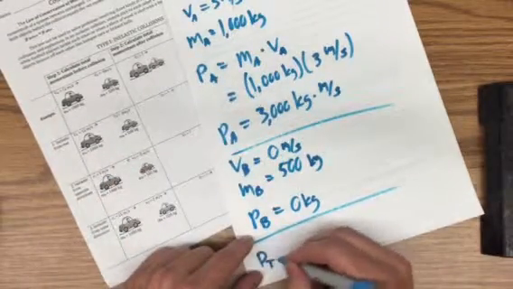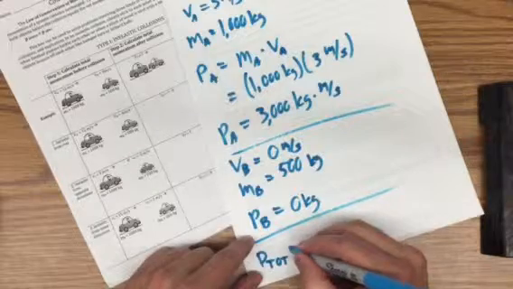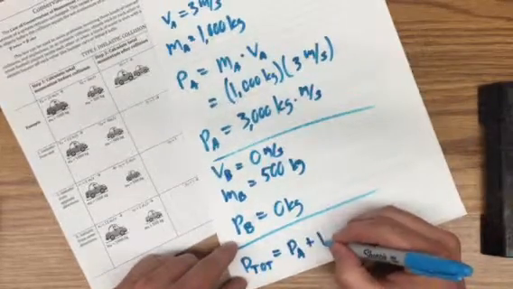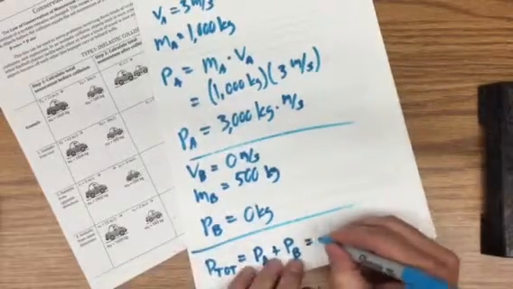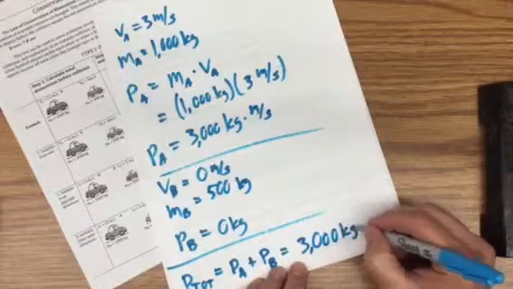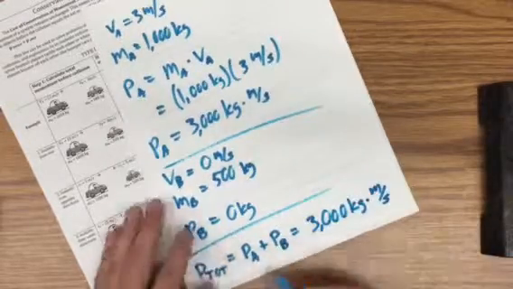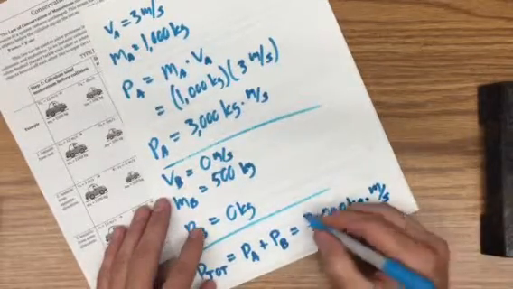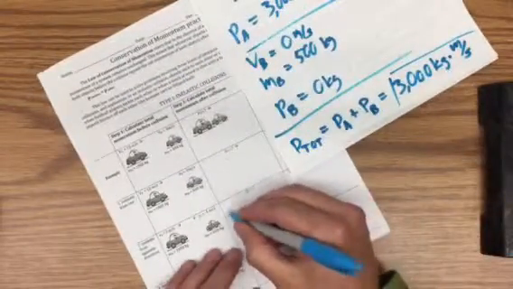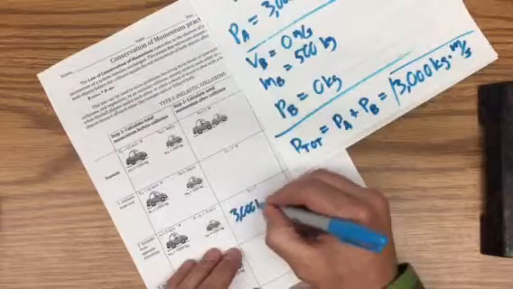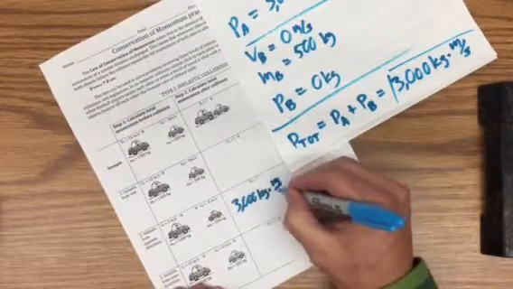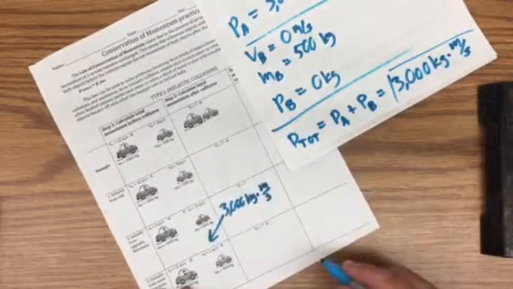The total is car A plus car B, which of course is 3,000 kilogram meters per second plus 0. So my answer for the first one here is 3,000 kilogram meters per second, and it goes right here.